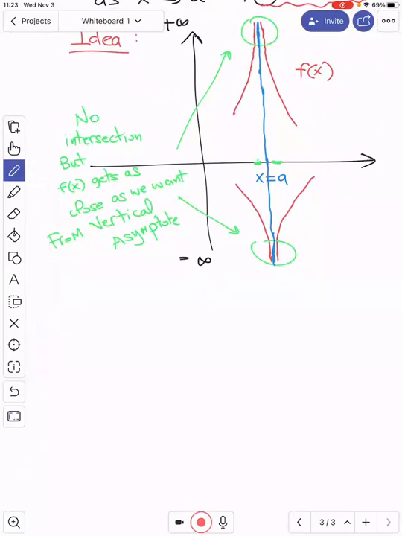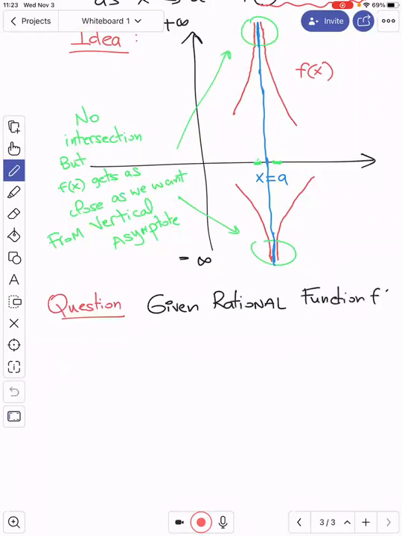So now the question is, given a rational function f, how do we find vertical asymptotes?